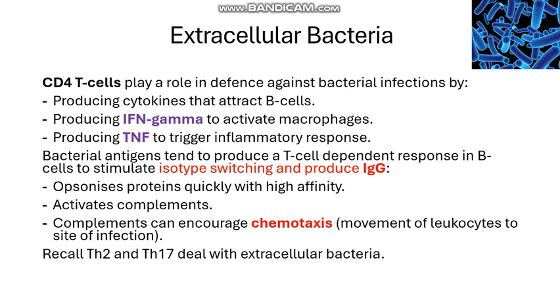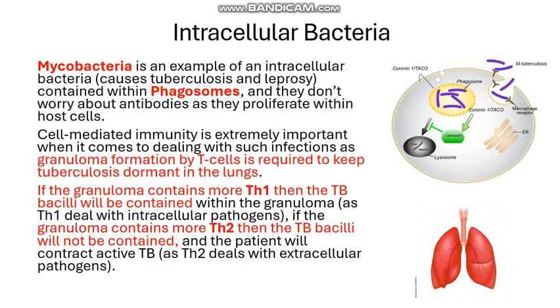The proper term is chemotaxis. And recall from when we talked about the different types of helper T cells and their functions, that Th2 and Th17 specifically deal with extracellular pathogens like these extracellular bacteria.